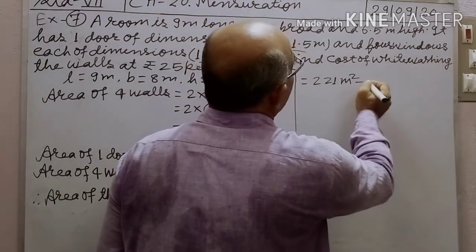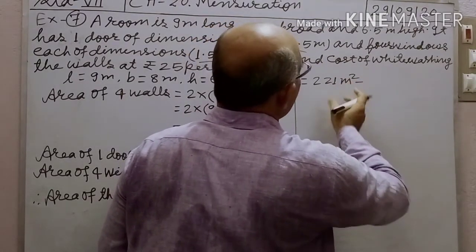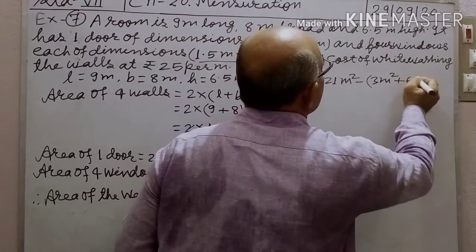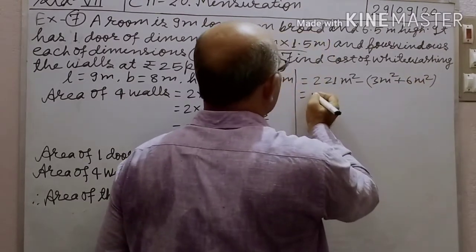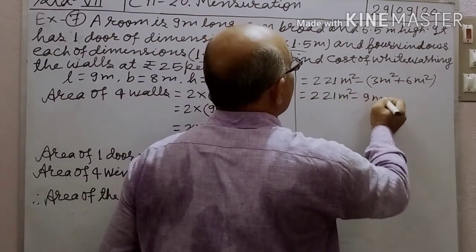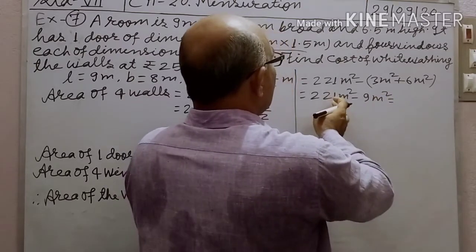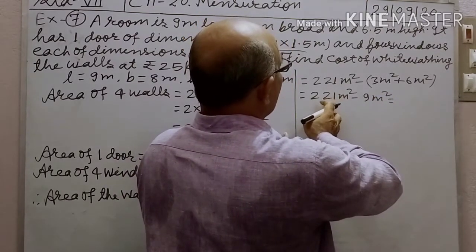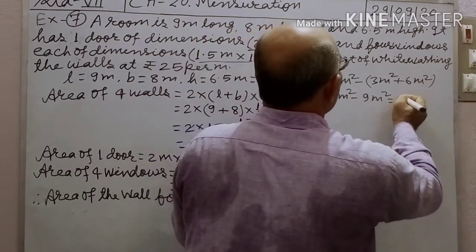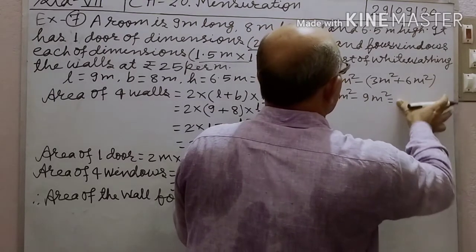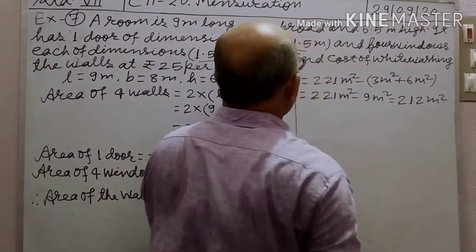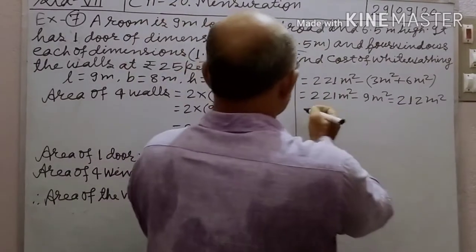Area of 4 windows and 1 door is subtracted from area of 4 walls. So 3 meter square plus 6 meter square, equal to 221 meter square minus 9 meter square equal to 212 meter square. Now find the cost of whitewashing.